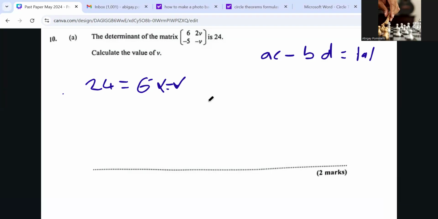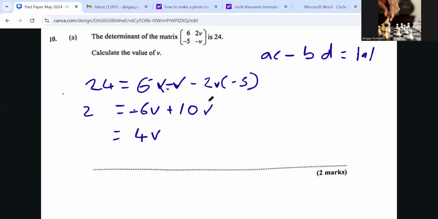And subtract B is 2V times C, which is negative 5. So let us put these together. 6 times V is negative 6V. Subtract 2V times negative 5, so positive 10V. So 10 minus 6 is 4V, all of that equal to the 24.